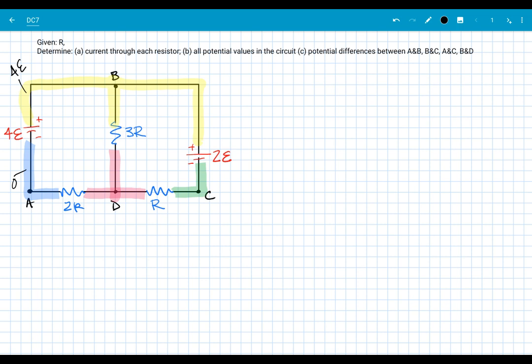And if I turn the corner at point B and start traversing down that wire, I don't know the current in that 3R resistor, so I can't label the red. So I'm just not going to go that way. I'm going to continue going over to the 2E battery where I cross from yellow to green across that battery, because that's a known step, right? It's 2E. So the yellow is 4E. I drop down 2E.